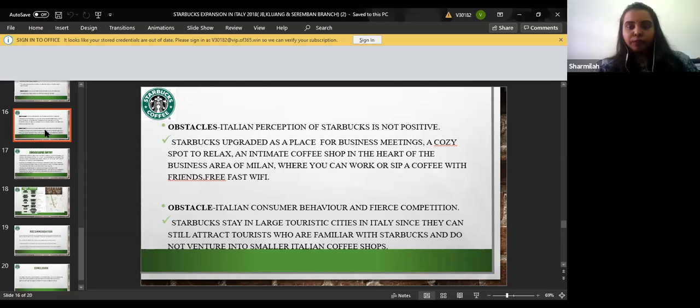So they have to implement more strategies to attract the local people away from their local baristas. They also have to focus on the tourists as well. Yeah, that's all.